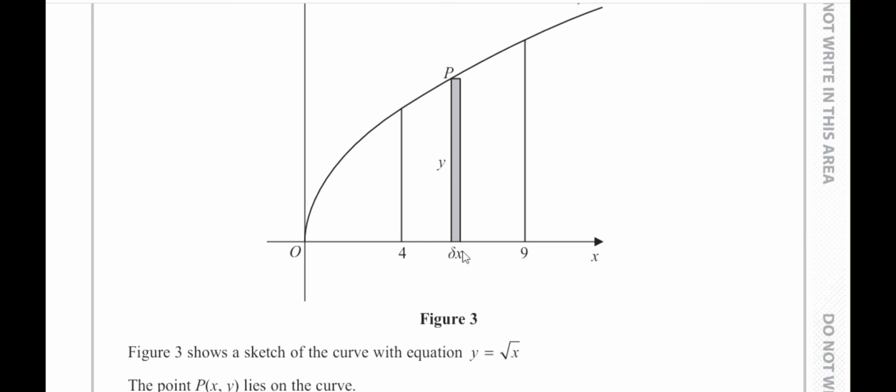The concept is that the area of this rectangle, which will be delta x times the y, which is square root of x, times delta x, that will be the area of one small rectangle, and if you add up all those rectangles, then that will be equal to the total area under the curve between x is equal to 4 and x is equal to 9.